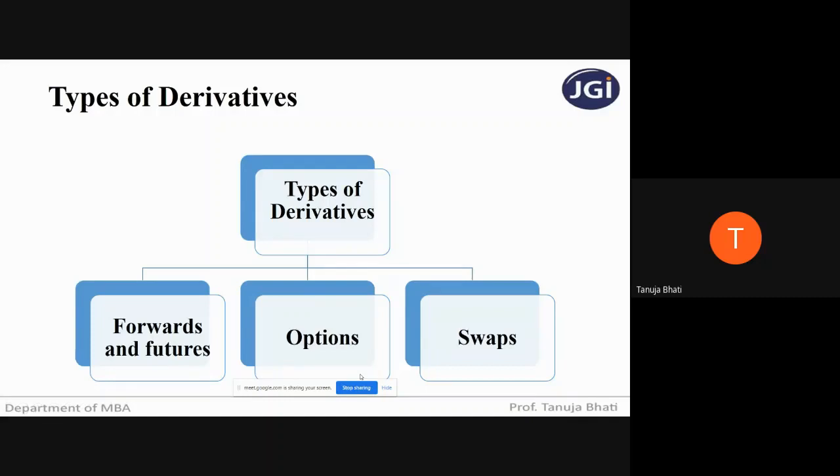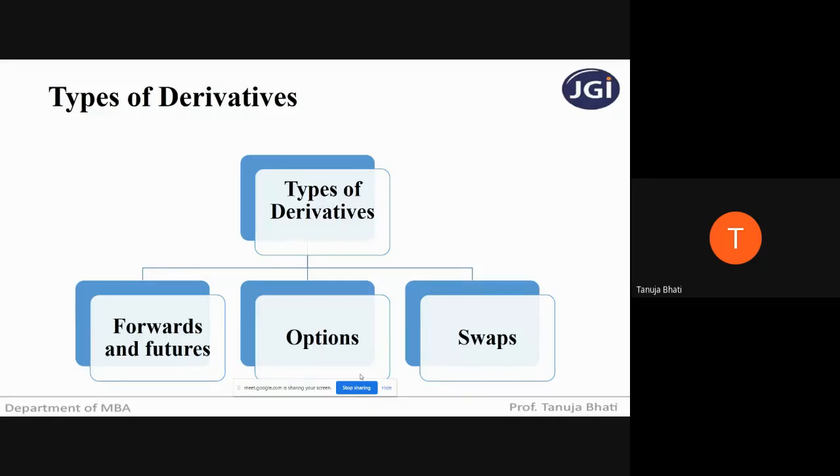Depending upon the option type, the buyer can exercise the option on the maturity date. If he executes the contract on the maturity date, it is called a European option. And if he executes the contract before the maturity, it is called an American option.